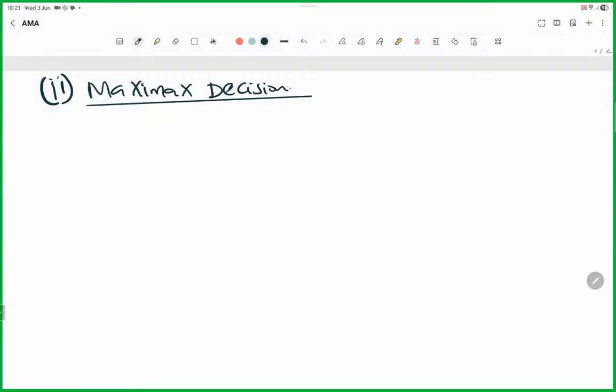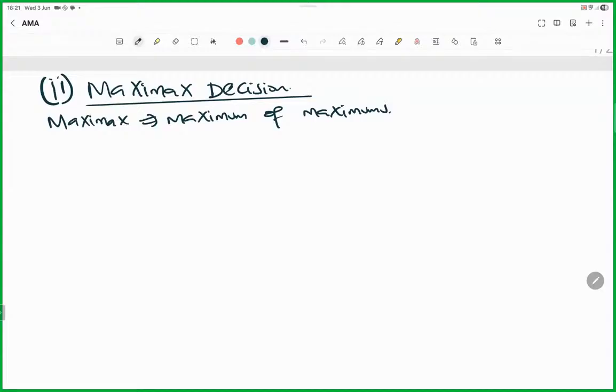So first of all, we have to understand what maximax stands for. In short, it is the maximum of maximums. Actually, that's the best way of remembering this.